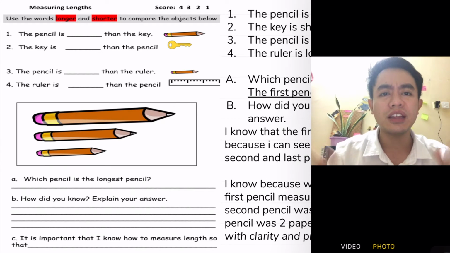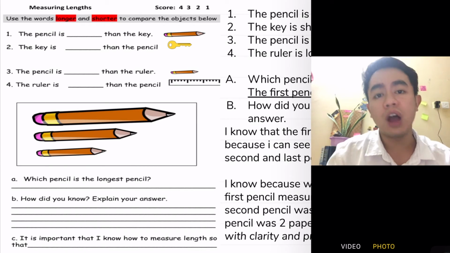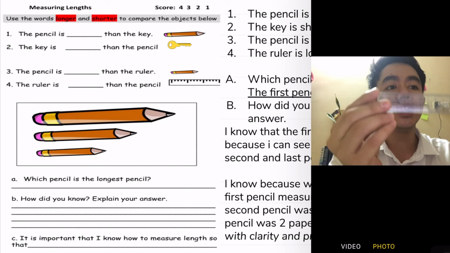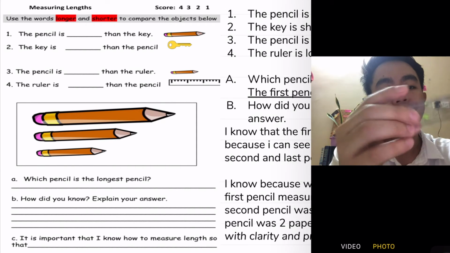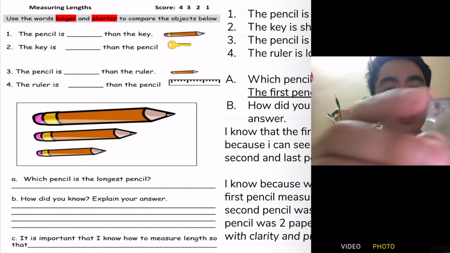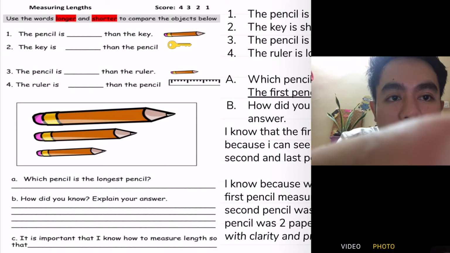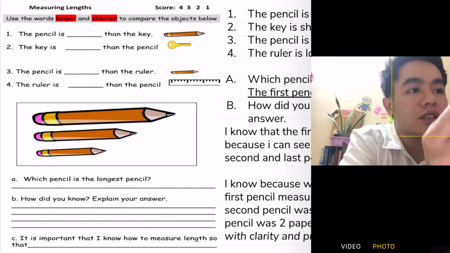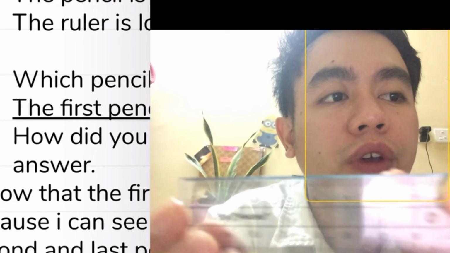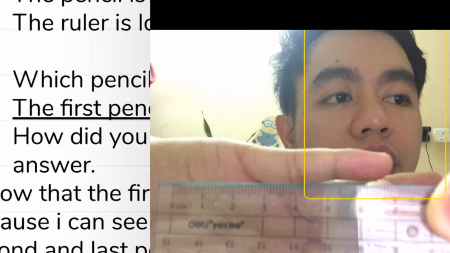So you can say that I know that it's longer because I used a ruler, and when I measured with the ruler, the first pencil, let me measure it, okay? The first pencil is 6, here, I hope you can see it, 6 centimeters.